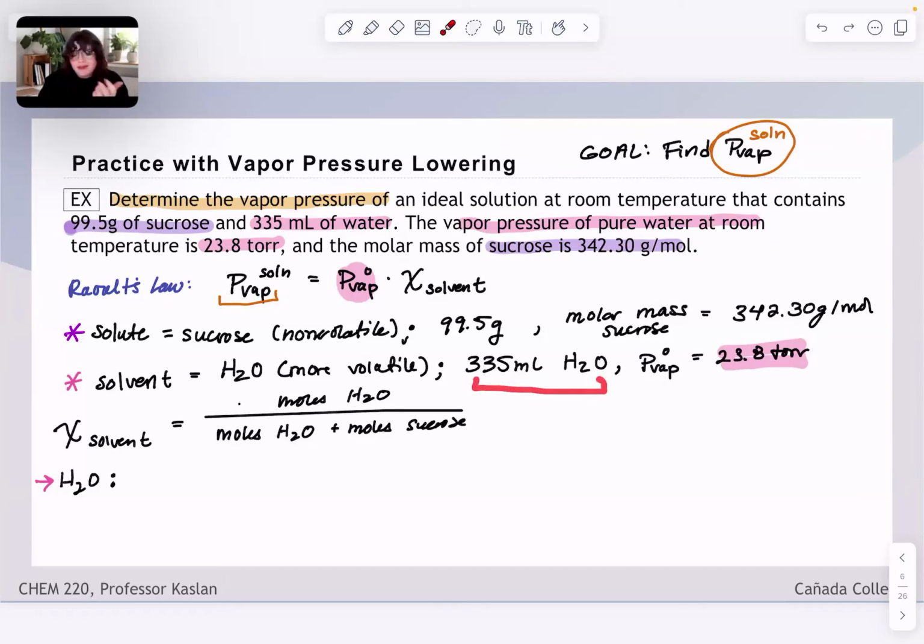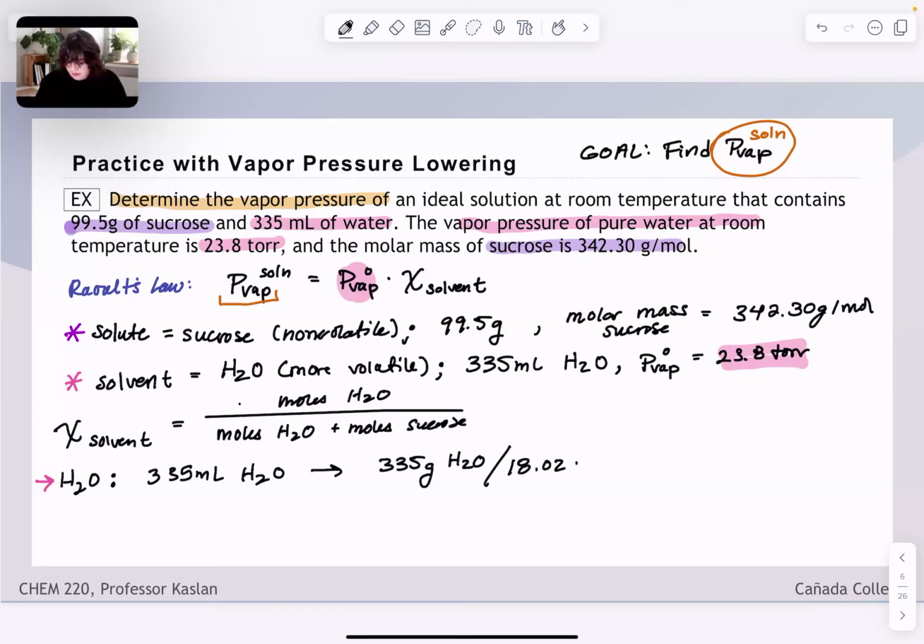If you wanted to be specific, we could use the density of water as being 0.9979 grams per mL, but let's be a little lazy today. So if I have 335 milliliters of water, this means that we have 335 grams of water. And the molar mass of water, so oxygen is about 16, hydrogen is about 1, I know this one off the top of my head, that is 18.02 grams per mole.